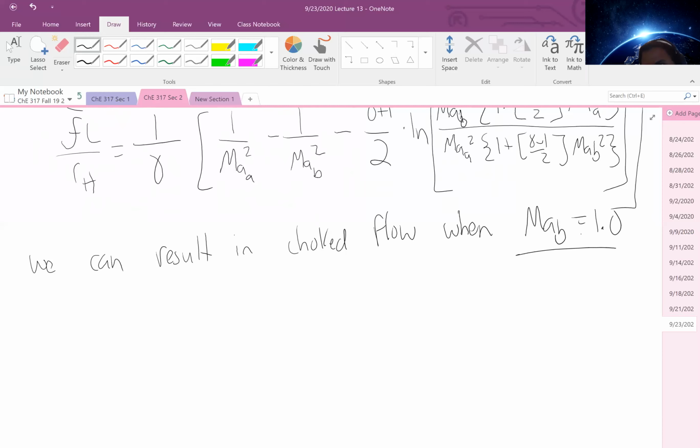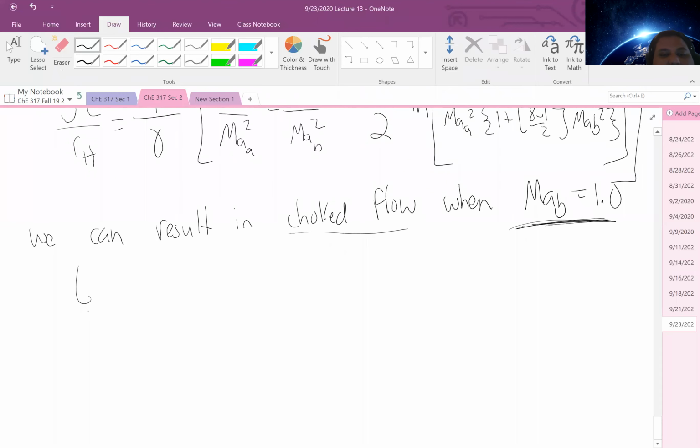Depending on a given fluid length or pipe length traveling from point A to point B, we can identify when we'll obtain choked flow when we set our second Mach number equal to 1. And so this tells us what our max conduit length is for adiabatic frictional flow.